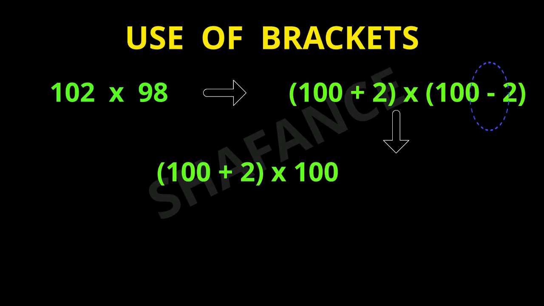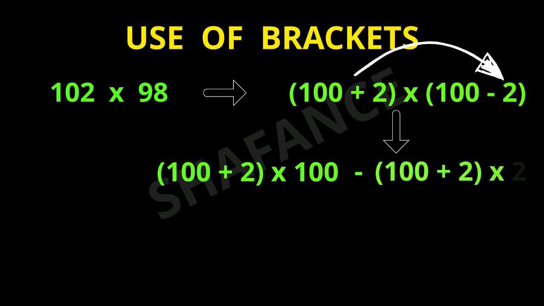In the second bracket we have a minus sign because we are opening the second bracket first. So 100 minus 2, we get a minus sign thereafter. And for the second we get 100 plus 2 multiplied by 2. So this is the equation we get now.